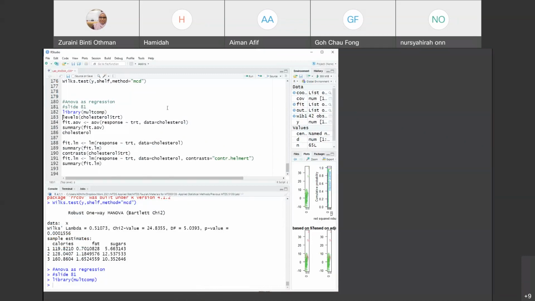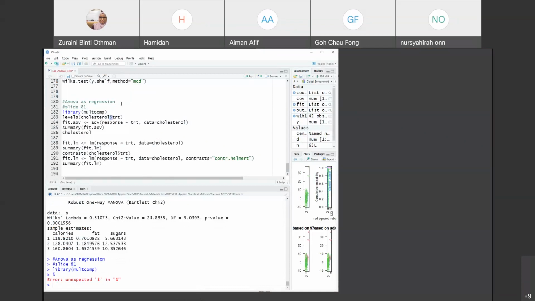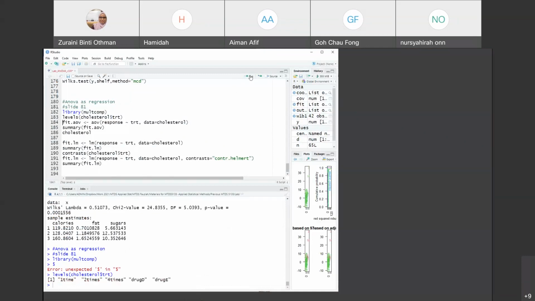And here are the levels in terms of their trt, because I was highlighting the dollar sign just now. These are the levels for the cholesterol data: 1 time, 2 times, 4 times, drug D and drug E. This is the example that we ran last week.